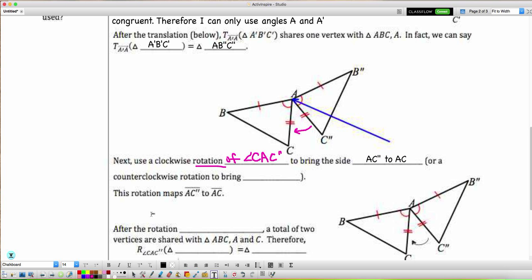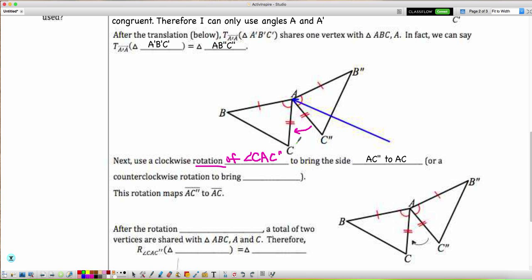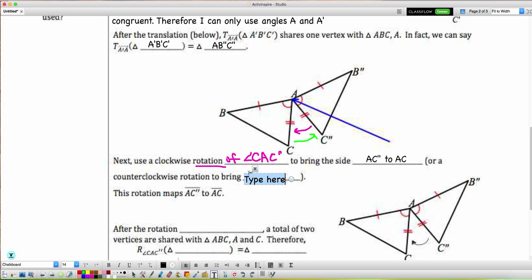Or I could think of it as doing a counterclockwise rotation, which would just be in the other direction. So if I did this counterclockwise, then it would just do the reverse. It would bring AC to AC double prime. Either way, we're trying to just close that gap there to say, well, I know those are the same size, so I can map them onto each other directly with this rotation.